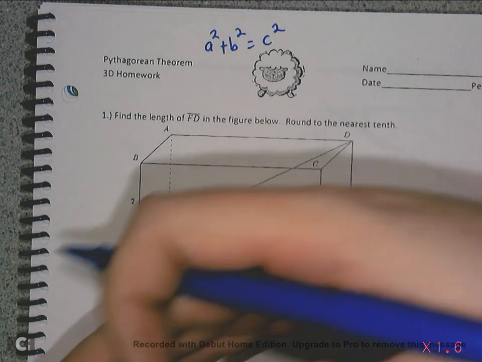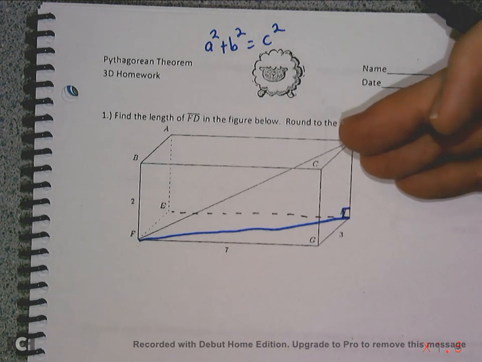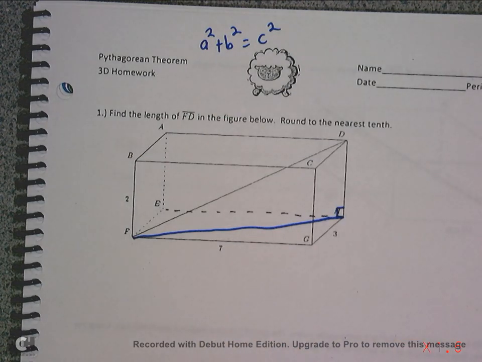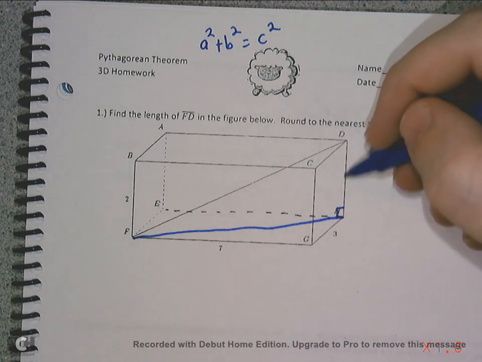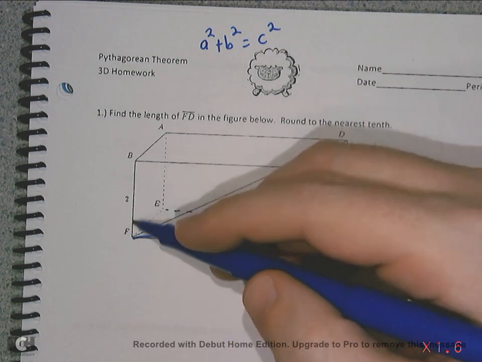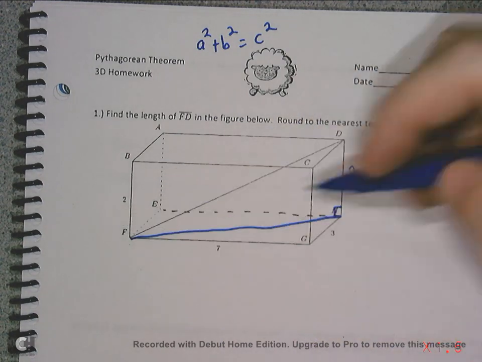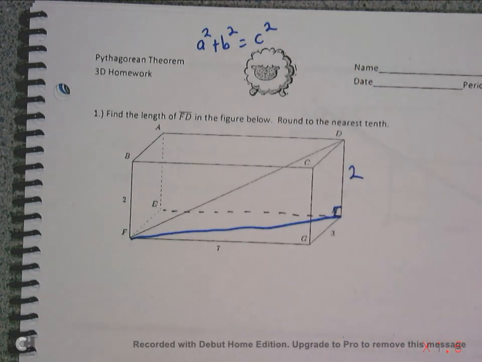It would be a right triangle that goes diagonally through that shape. I already know this side length. Since it's a rectangular prism, it should be 2, because it's the same height all around.